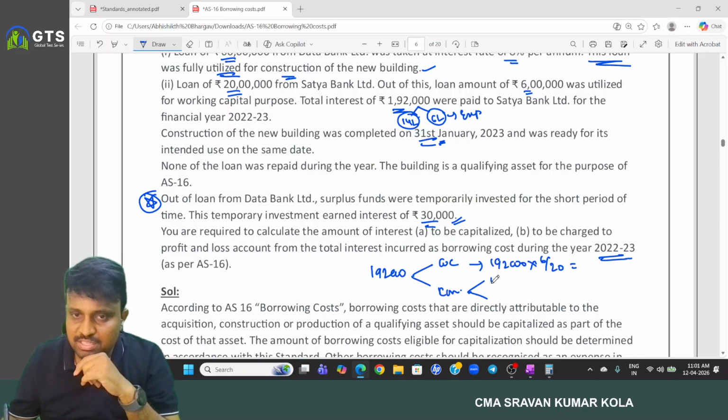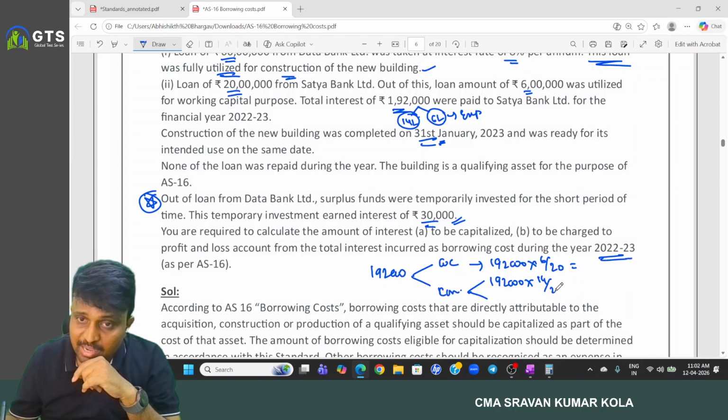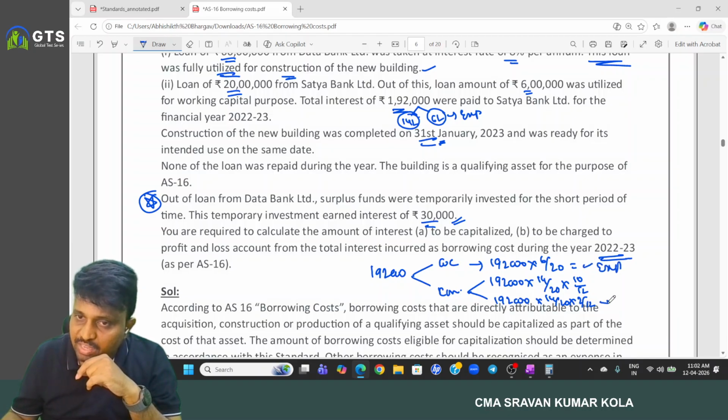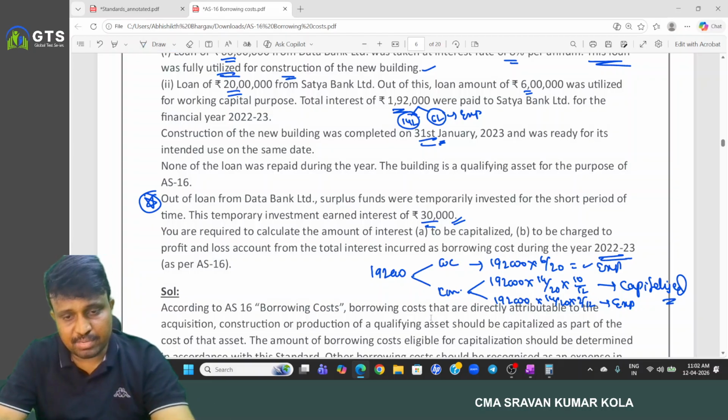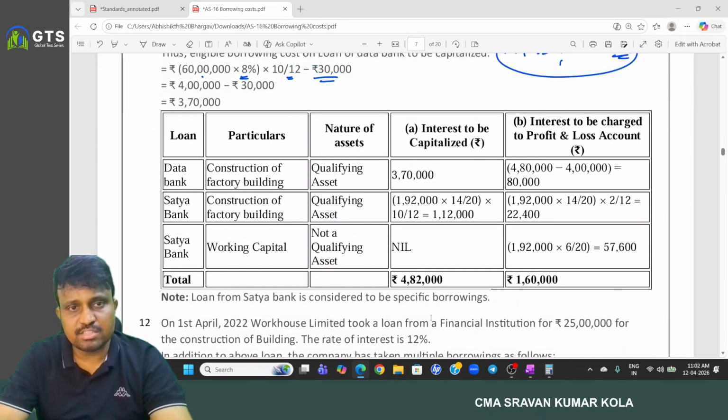So there are two parts: 1,92,000 into 14 lakh by 20 lakh into 10 by 12, and 1,92,000 into 14 lakh by 20 lakh into 2 by 12. One is an expense, and the other is only required to be capitalized.